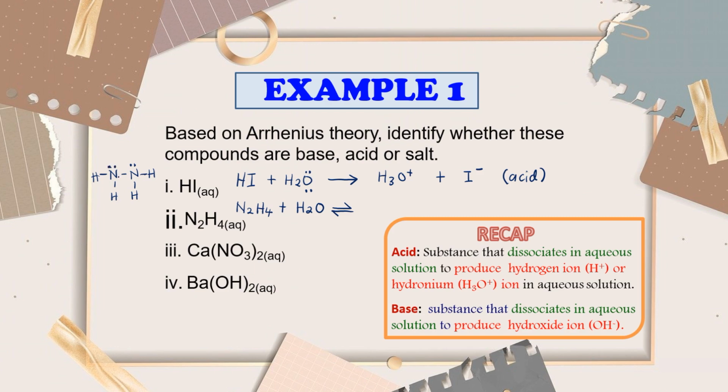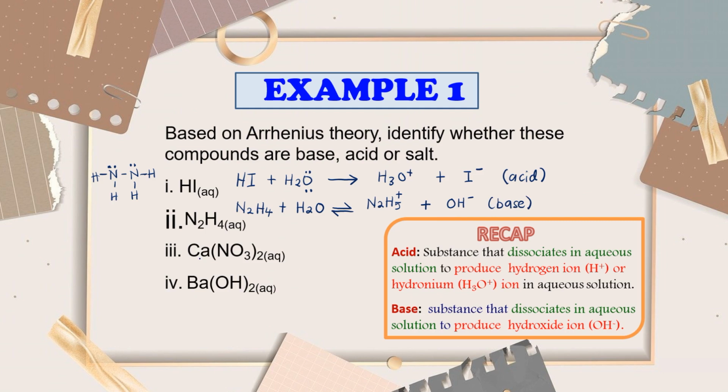Because of that, N2H4 can accept a proton from H2O, so it becomes N2H5 plus, plus OH minus. Because it can form OH minus, this is a base.